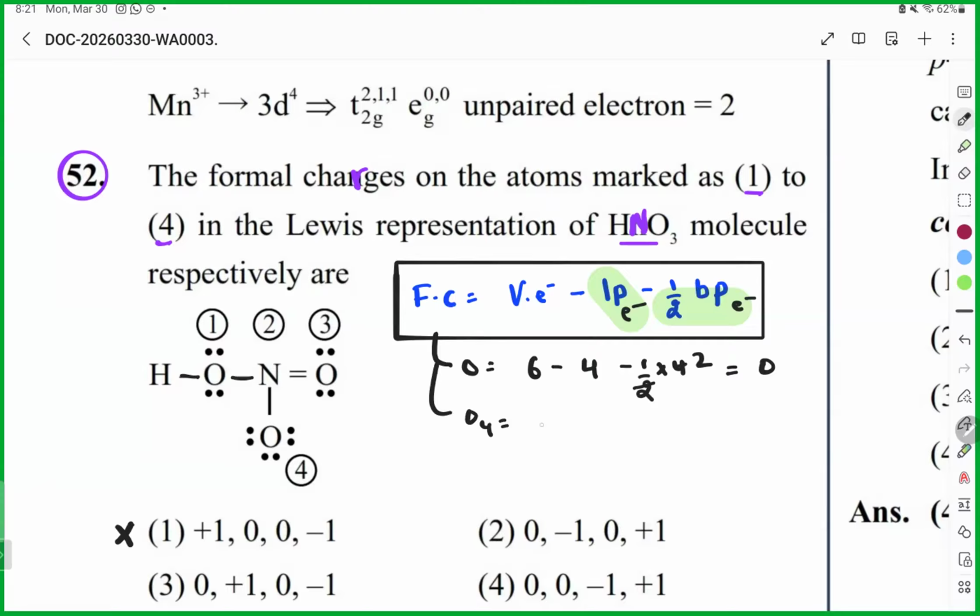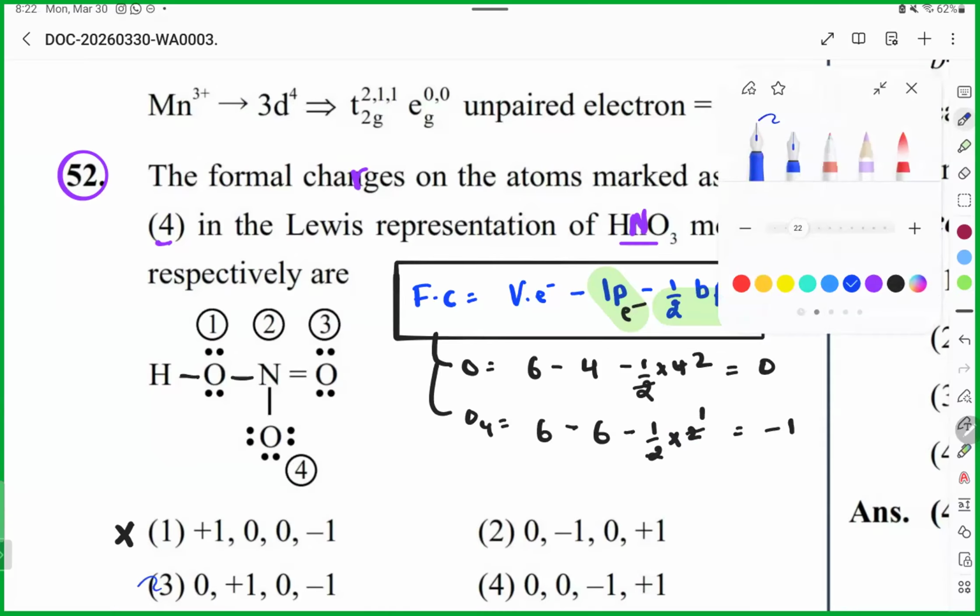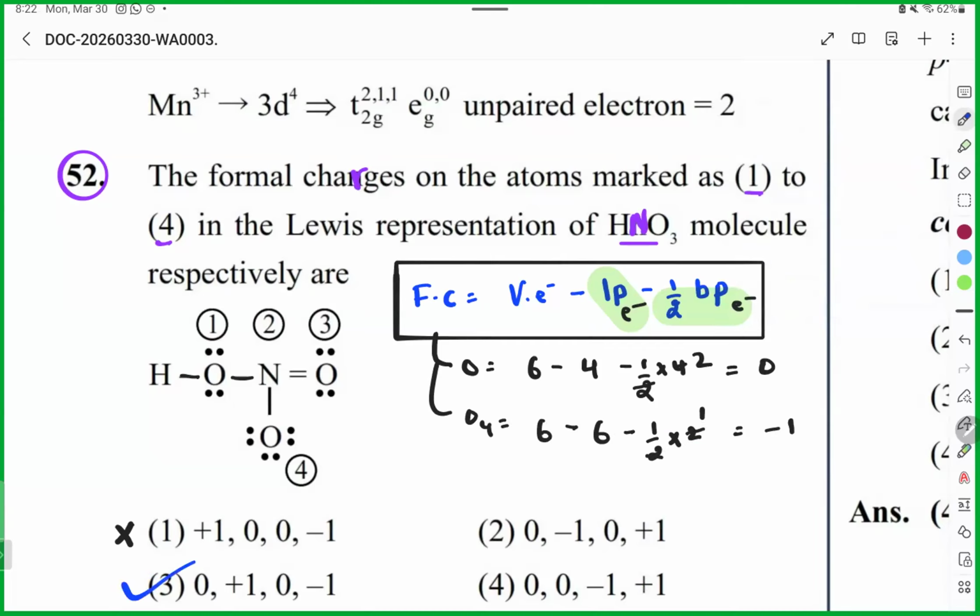If we calculate for the fourth, there are 6 valence electrons, lone pair electrons 6, and 1 bond pair electron. You can easily solve it by the elimination method. Very basic, the simplest question about formal charge. Anybody have a question?